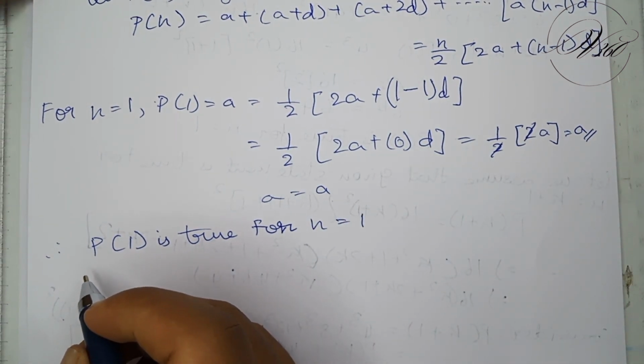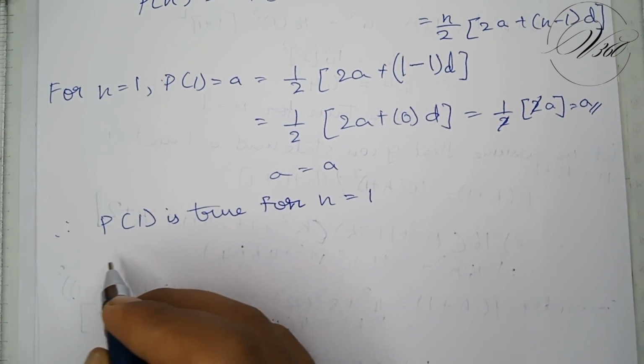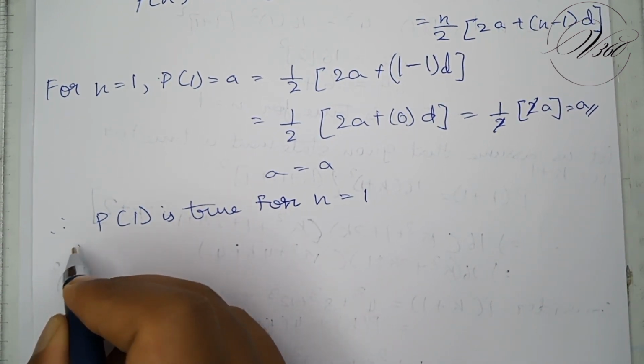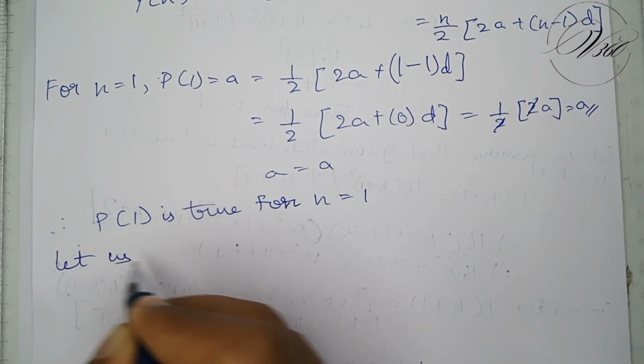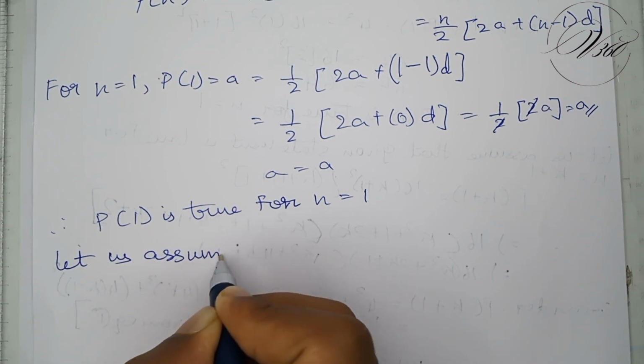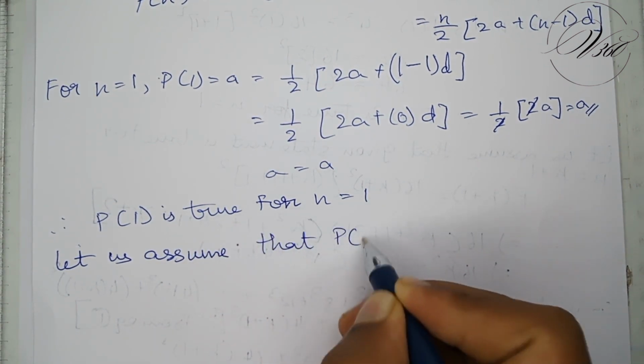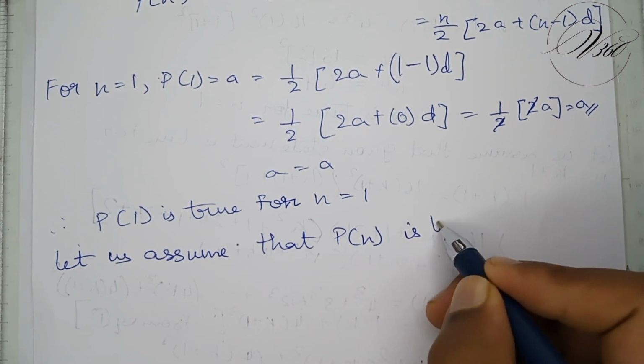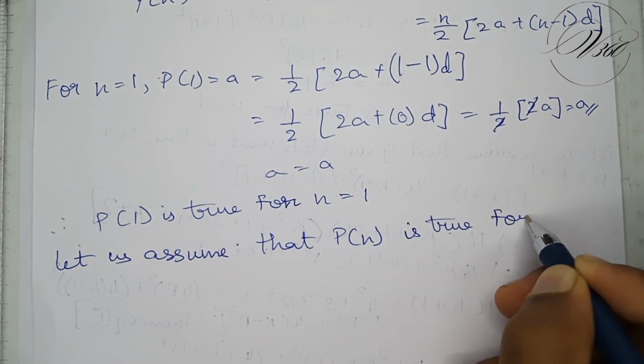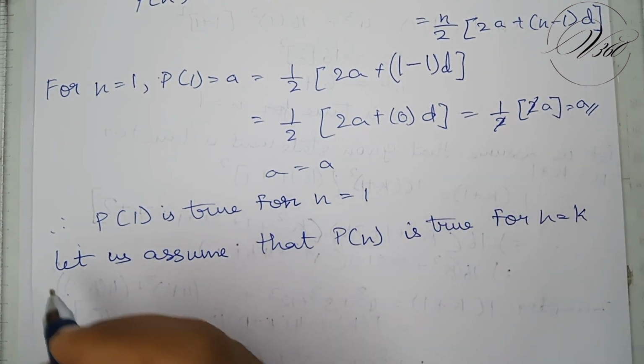Okay, here let us assume that p of n is true for n equals k.